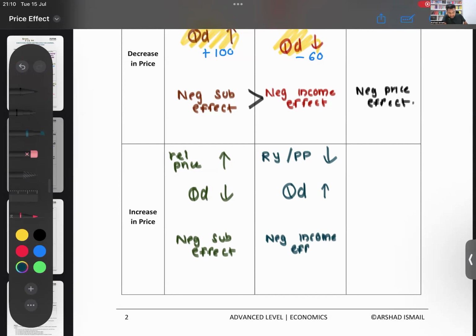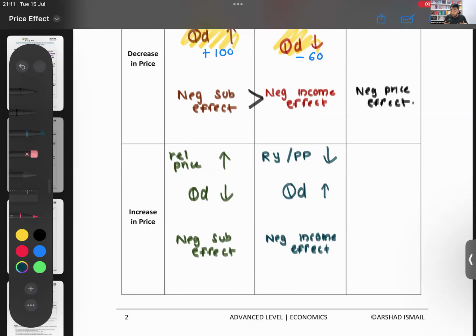Alright, just to summarize that part again. When the price of Astra increases, consumers' real income, purchasing power, will come down. When the price of a good increases, your purchasing power will come down. Always remember that, because when prices are expensive, you can't buy a lot. So when the price of a good increases, no matter what the good is, purchasing power will come down.